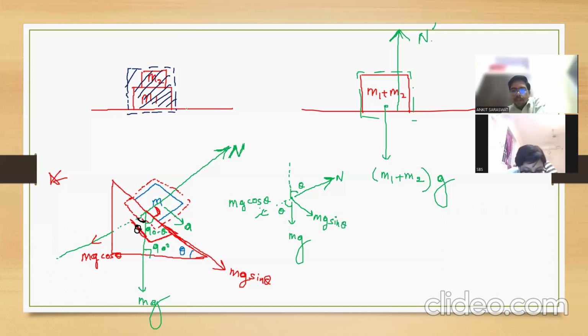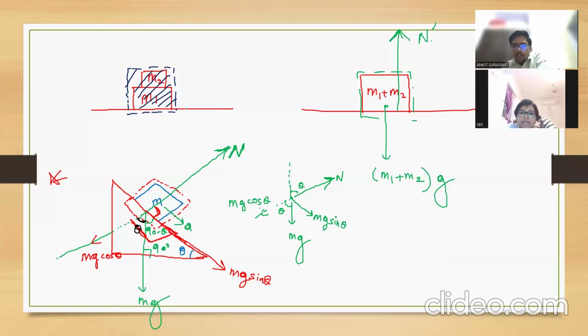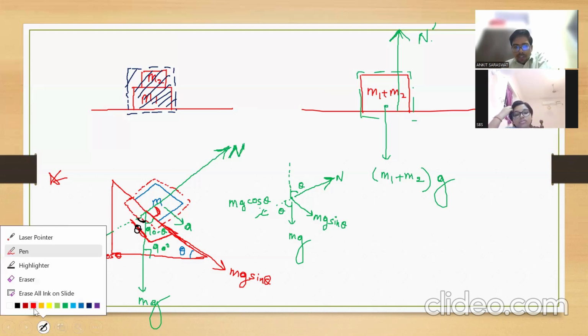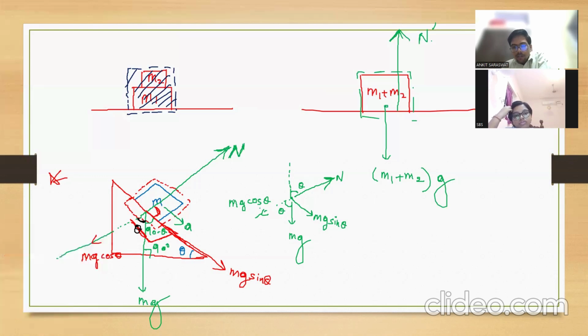What about acceleration, sir? I'm saying acceleration will be there. For example, if a block is coming from top to down, take x along the direction in which the block is going to accelerate.